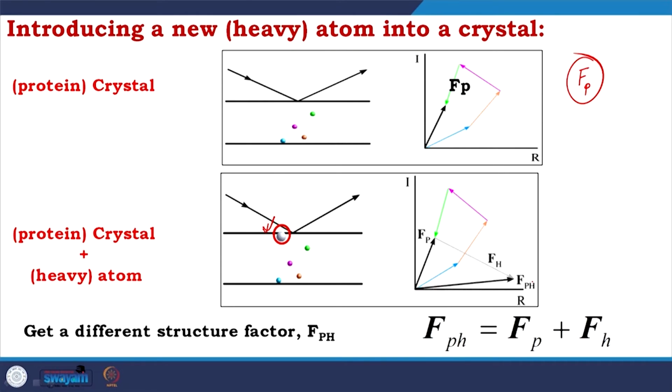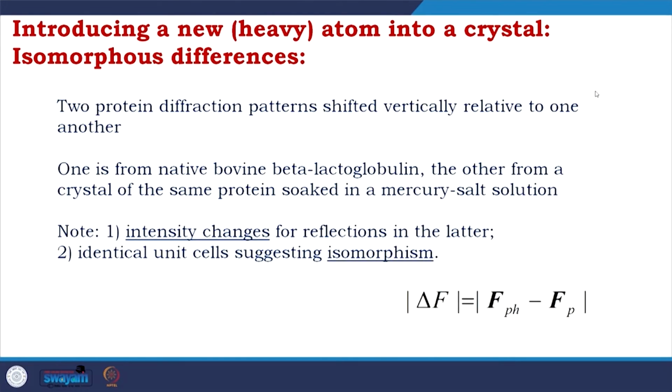So, you have Fp when you have the native data set, and now in the presence of this heavy atom you get a different structure factor, FPH, which is Fp plus FH, as you could see here. So, introducing a heavy atom into a crystal gives isomorphous differences.